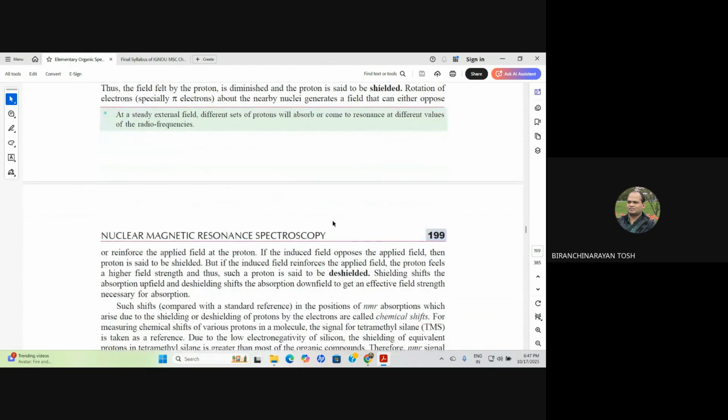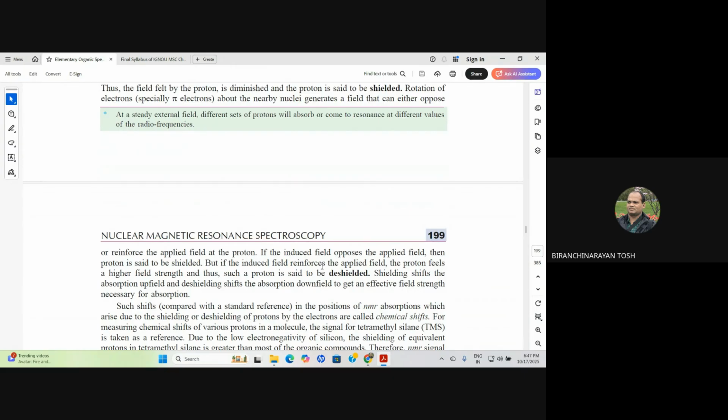If the induced field opposes the applied field, then the proton is said to be shielded, as we already know. But if the new induced field reinforces the applied field, meaning it will be more, then the proton feels higher field strength and is said to be de-shielded.